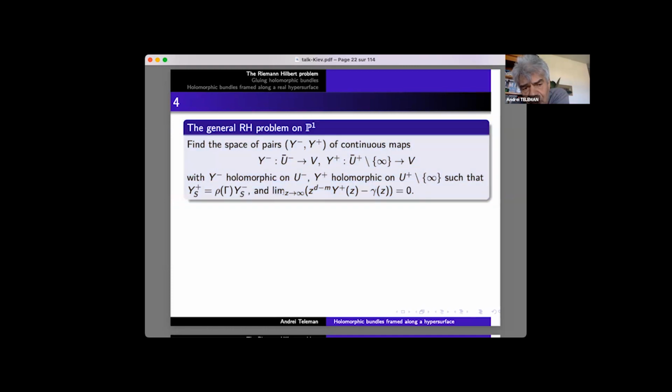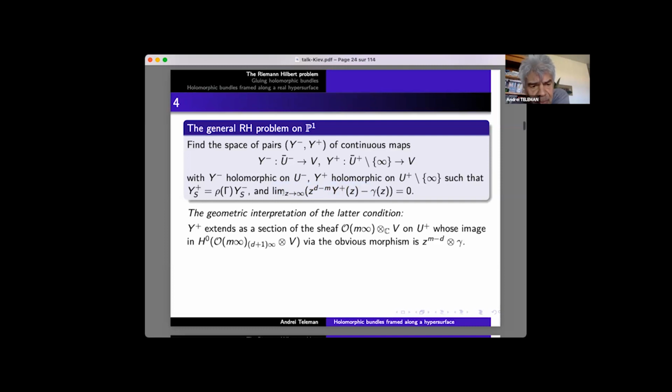And this is the natural condition. Why do I say this is a natural condition? Because this condition can be interpreted again in the complex geometric formalism as follows. Y plus extends as a section of the sheaf. I take the free sheaf associated with V, with fiber V, and I twist it with m times the divisor, the point infinity considered as a divisor on P1.